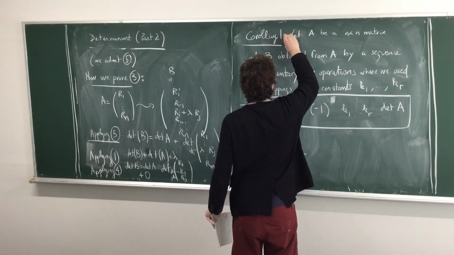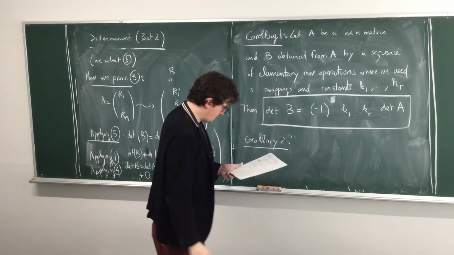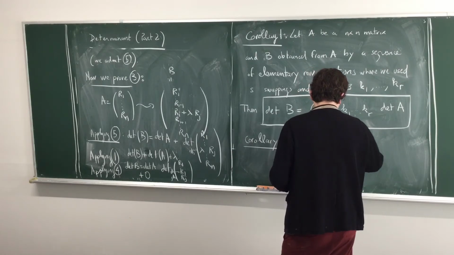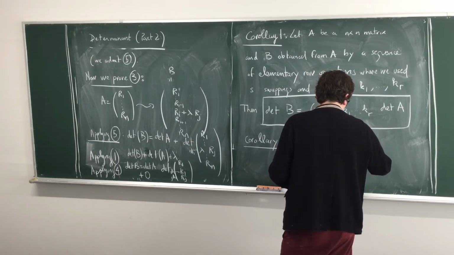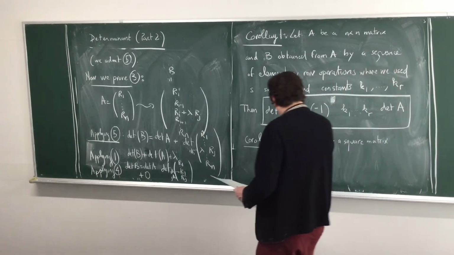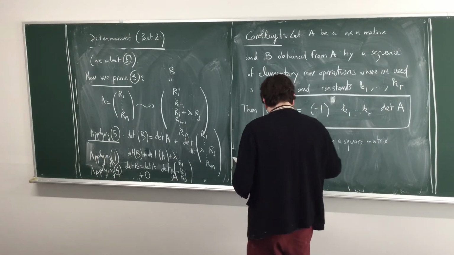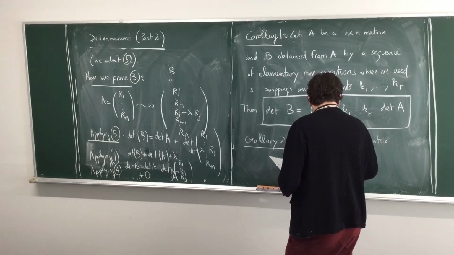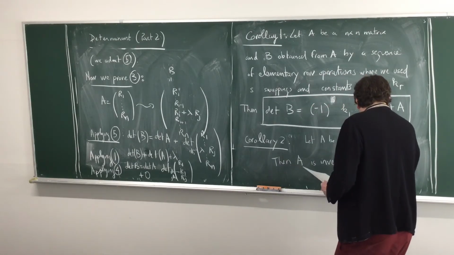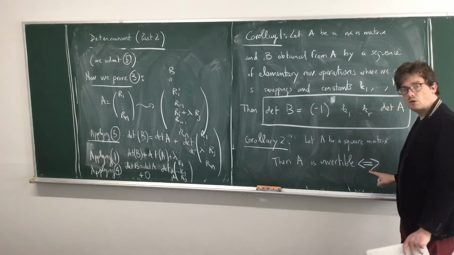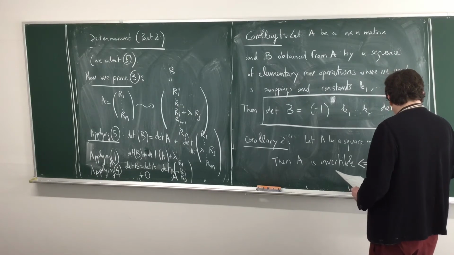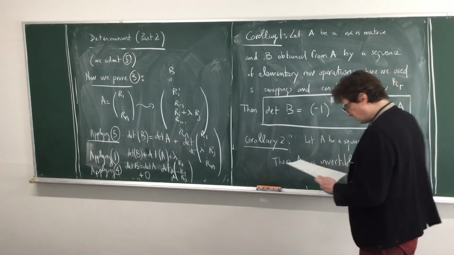Corollary 2 is that: let A be a square matrix, then A is invertible if and only if the determinant of this matrix is non-zero.